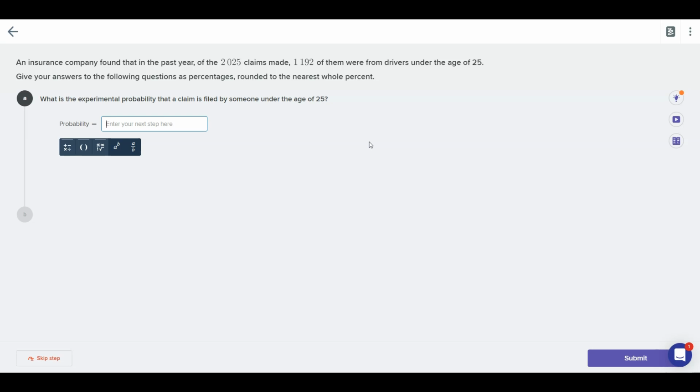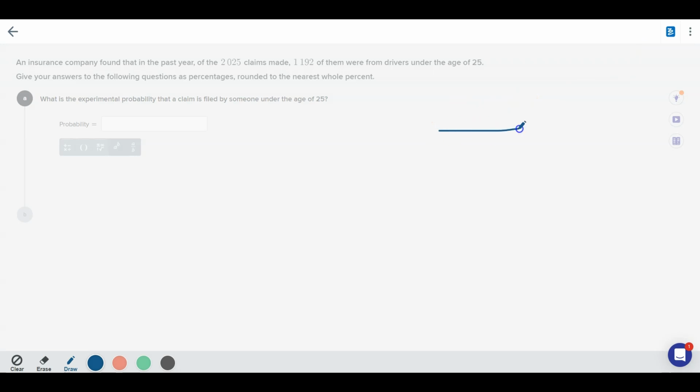So what is the experimental probability that a claim is filed by someone under the age of 25? Well, we know the total amount is 2,025, so already we know that our denominator is 2,025. Okay. And it's told us that 1,192 of them were for drivers under the age of 25, and that's what is asked for here.